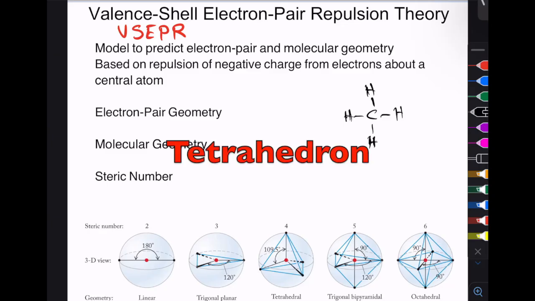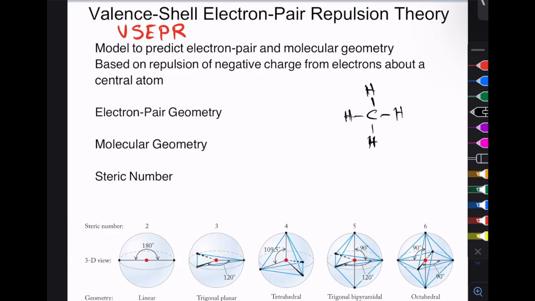That's the shape that we predict based on the repulsive nature of electrons wanting to be far away from each other, yet they're still attached to the central atom in this molecule. And it's only the valence electrons that we're concerned about. Those are the only electrons that we modeled in the Lewis structures.